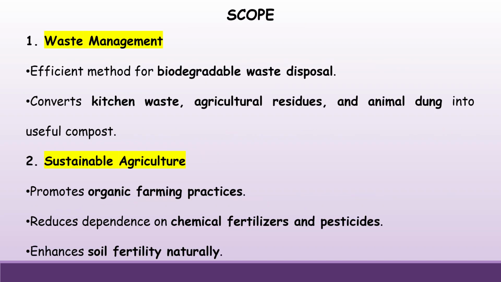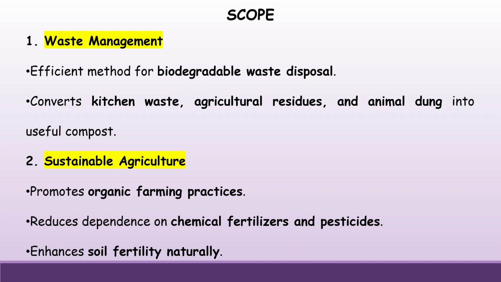So let's see the scope of this technique. It is a very efficient method where we can convert biodegradable waste into a very useful compost. The waste we can use includes waste generated from our kitchen, agricultural residues, and even animal dung, and we convert that into a very useful compost.